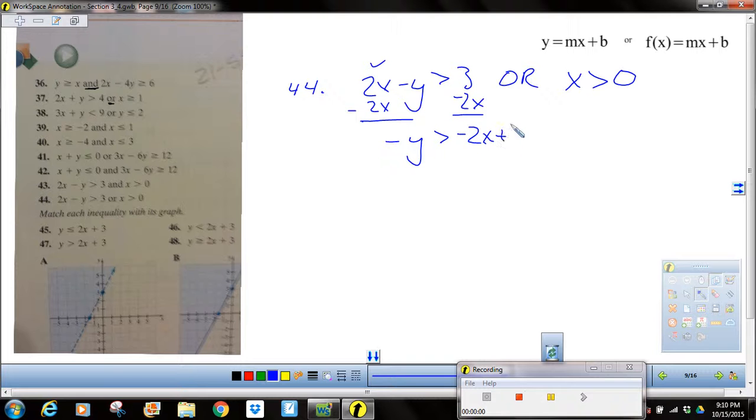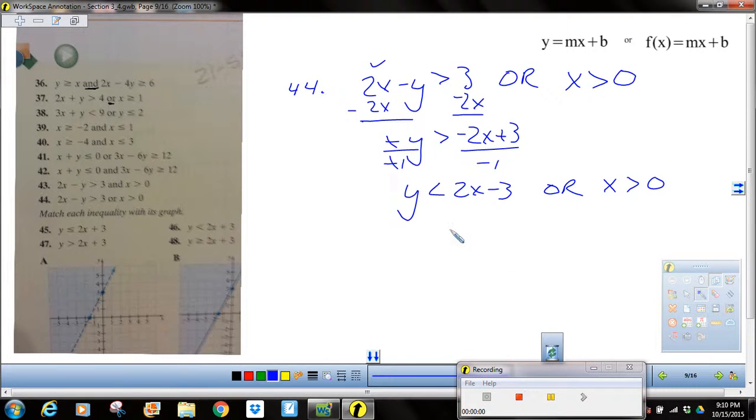I could have done transposition. That would have worked also. Divide by -1, I need to reverse my sign. And there we go. It's y is less than 2x minus 3, or x is greater than 0.